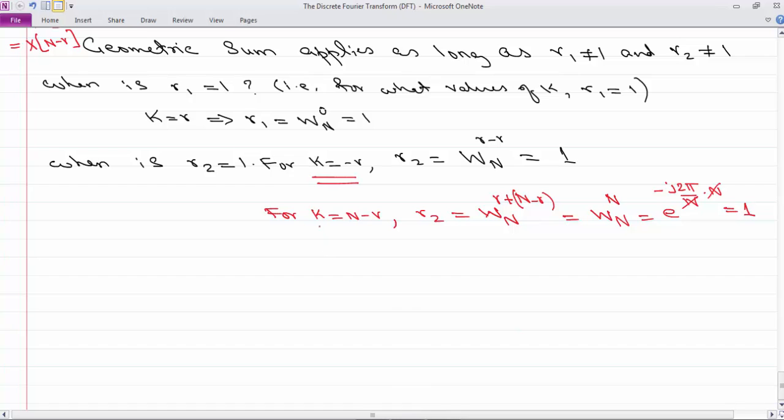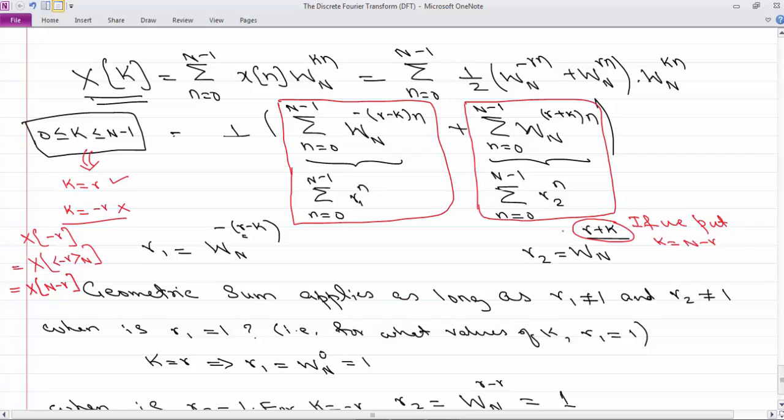So indeed, for k equal to N minus R, you still get R2 to be 1. So we have now gotten those two cases out of the way.